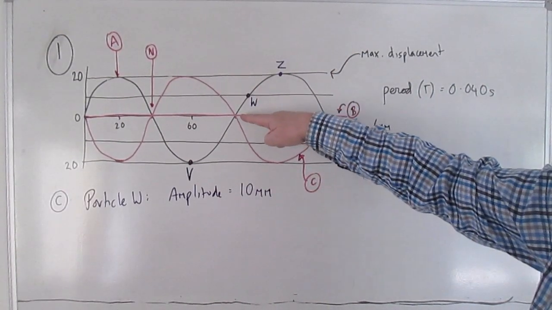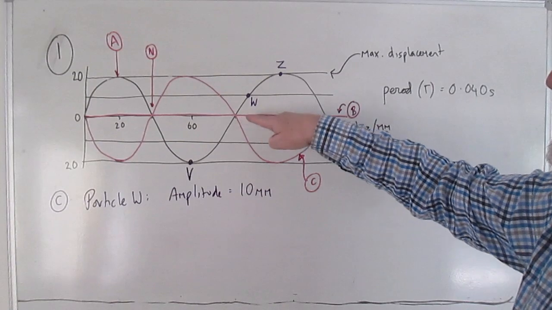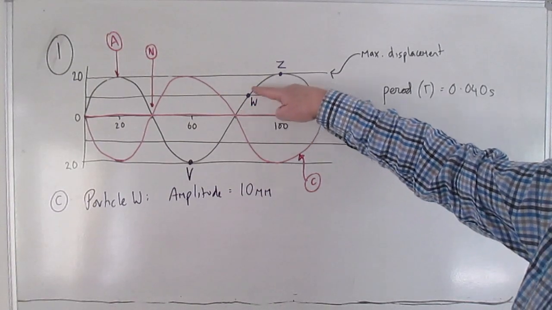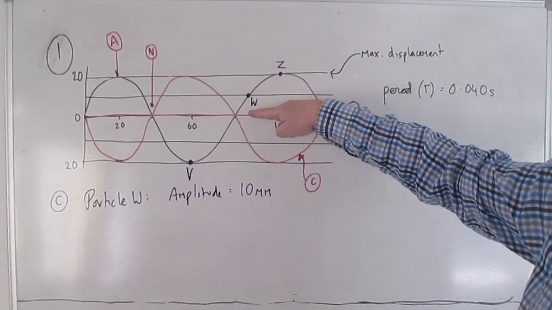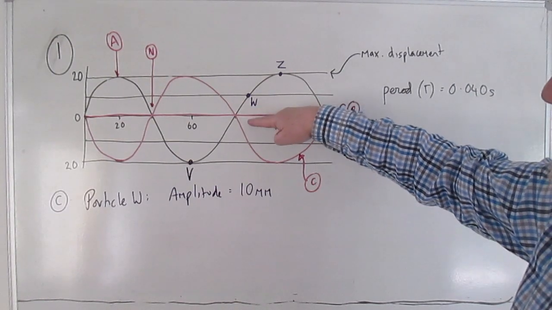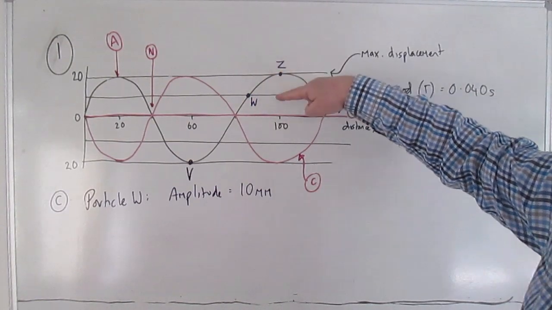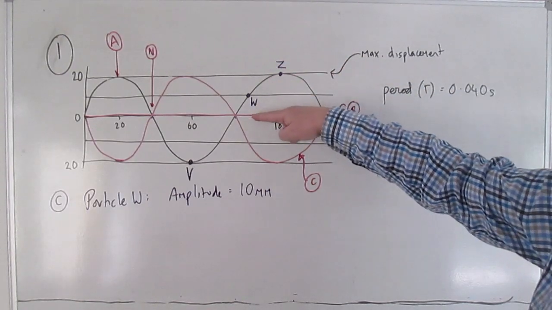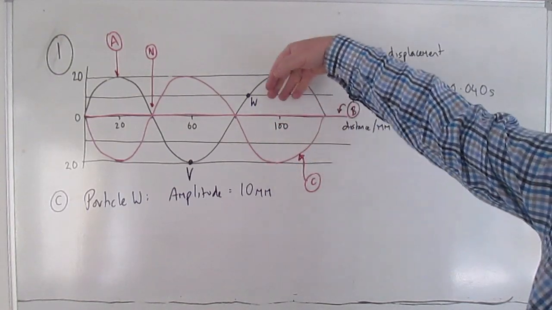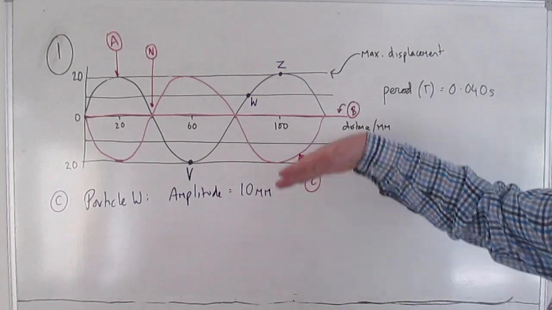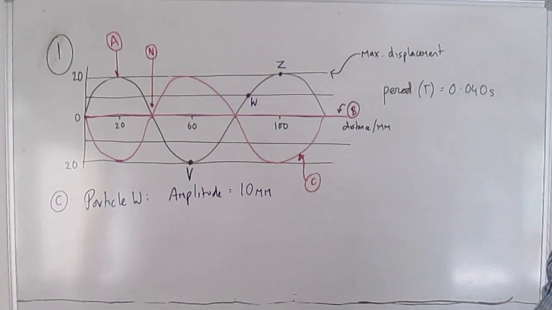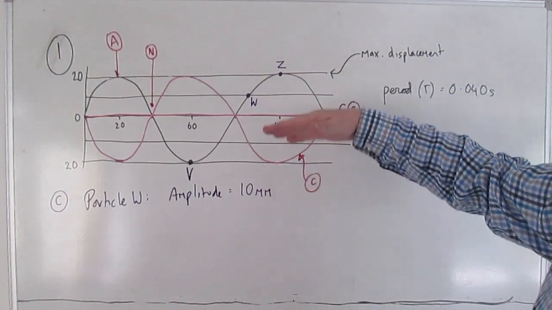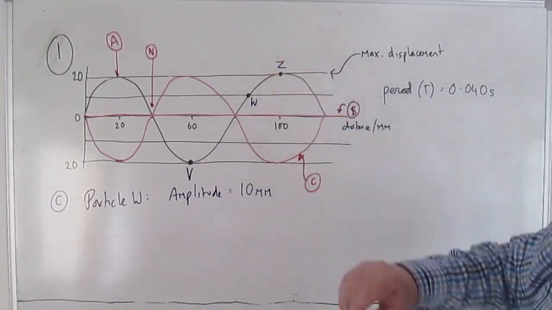So what that means is that between any two nodes, so between here and here, all of the points in that arc reach their maximum displacement at the same time, and then they all reach 0 at the same time, and then they all reach their maximum negative displacement at the same time. In other words, they're all moving exactly in parallel with one another, but just with different amplitudes.